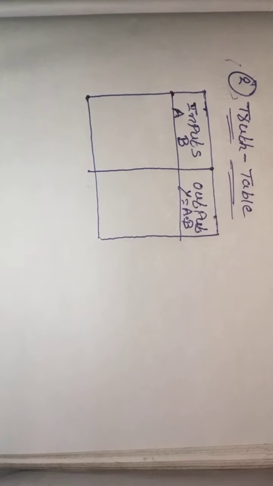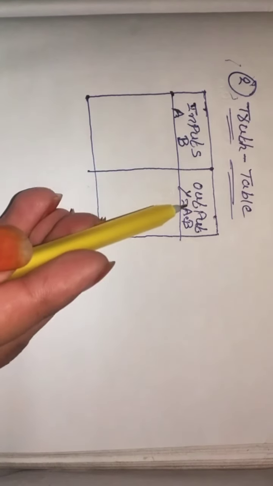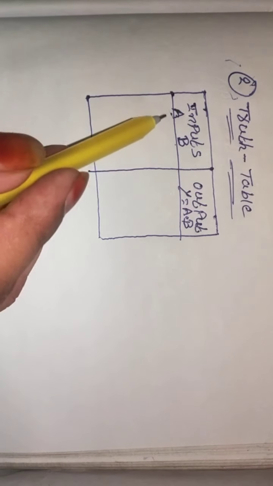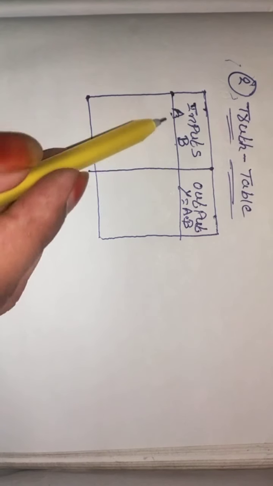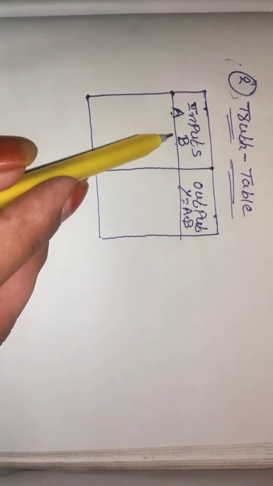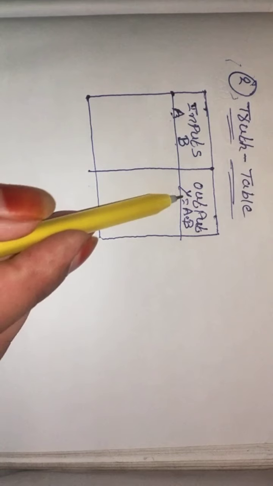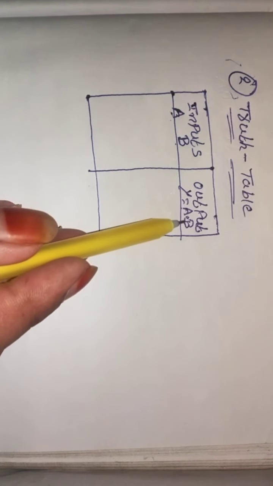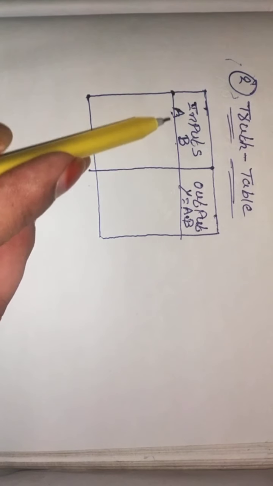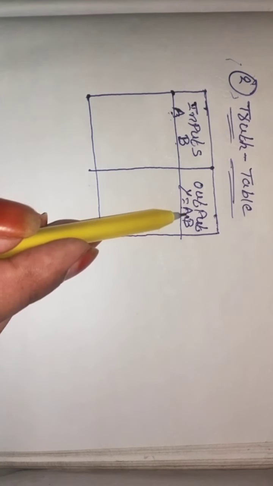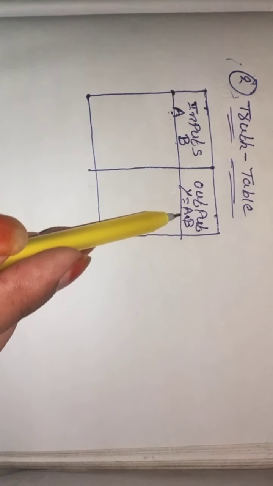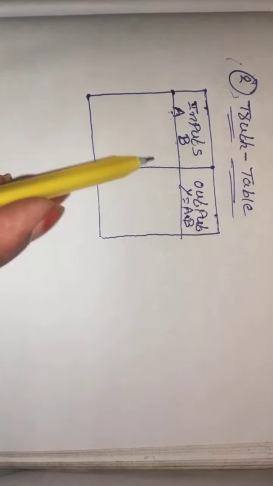Here we take the inputs and output of the truth table. A and B are the two input variables, and y is the output, y equal to a dot b. Here a dot b is the multiplication of a and b. Dot is the general multiplication of a dot b.